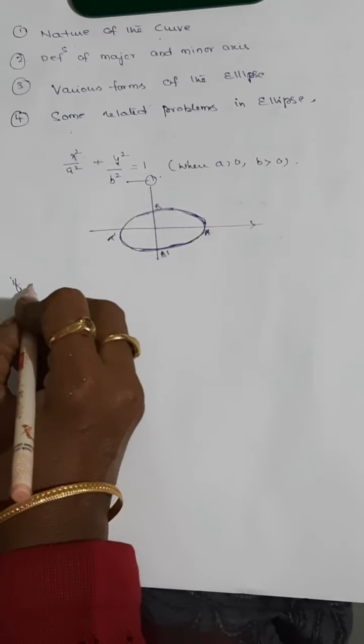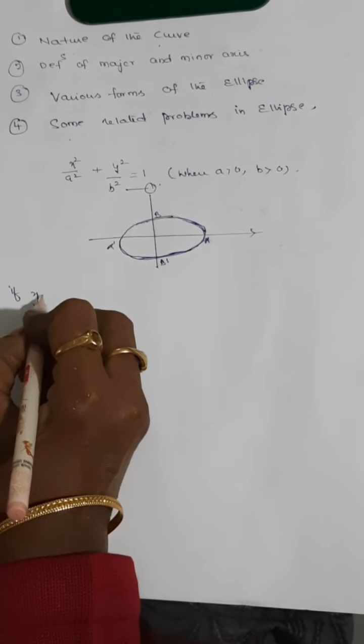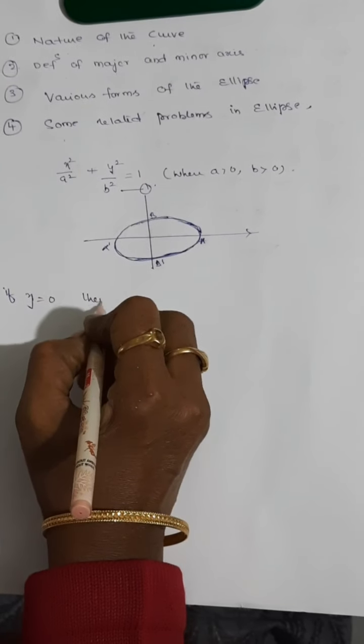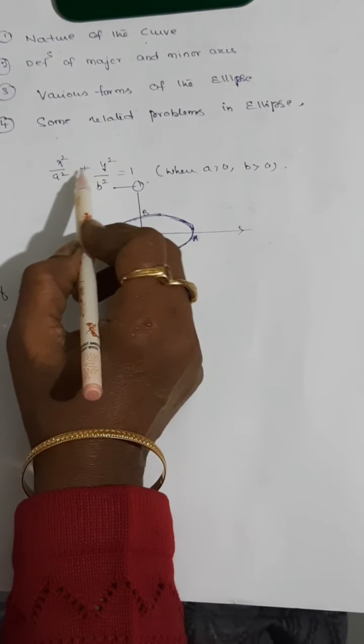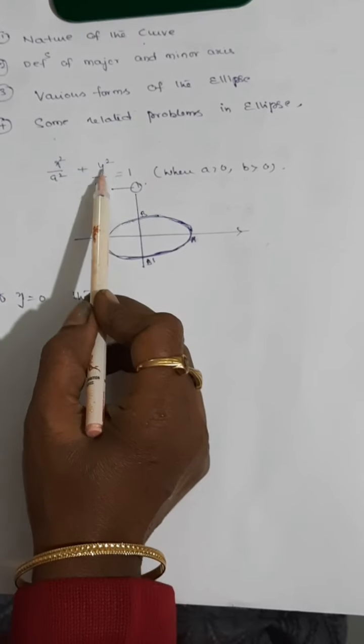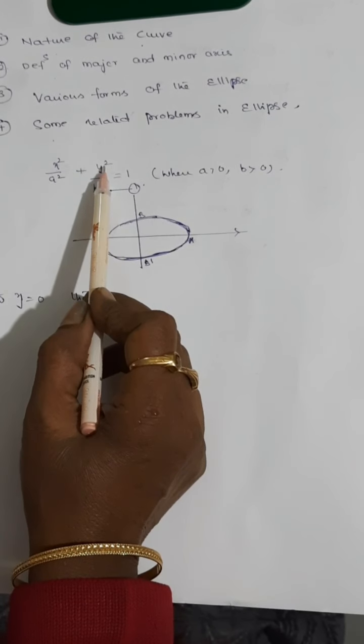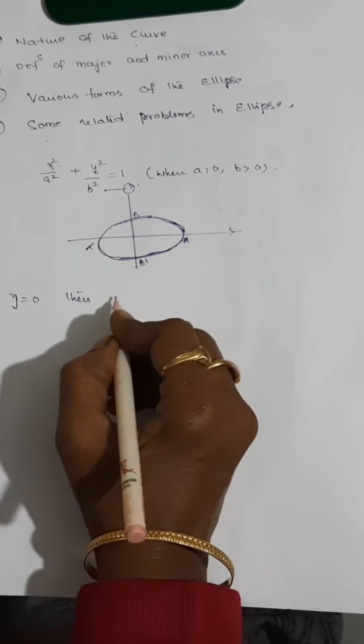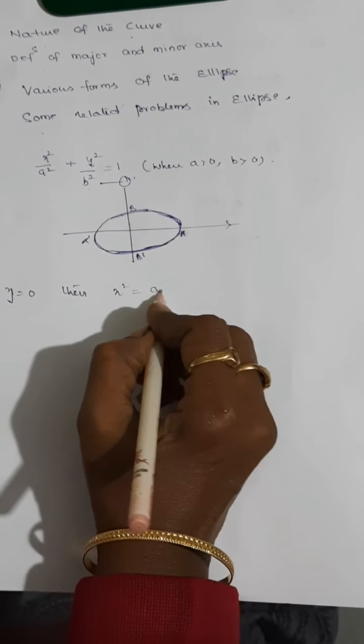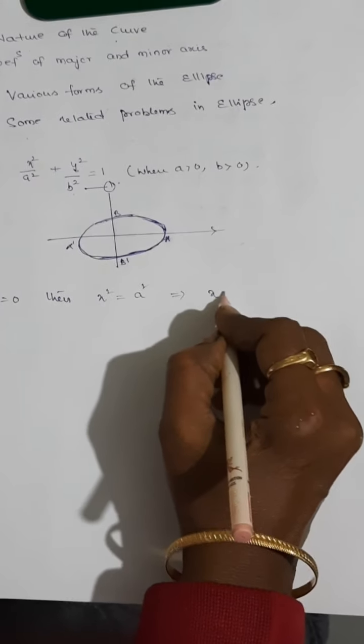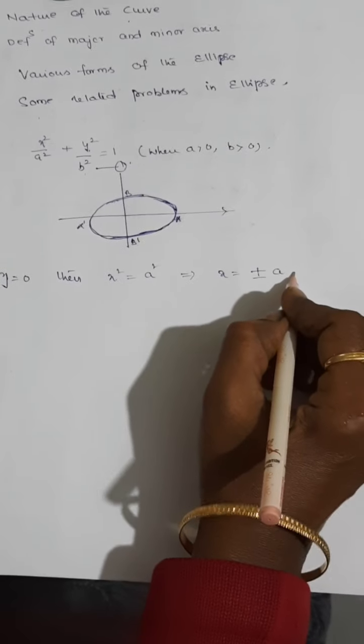If y is equal to 0, then y square by b square is 0, then x square is equal to a square, which implies x is equal to plus or minus a.